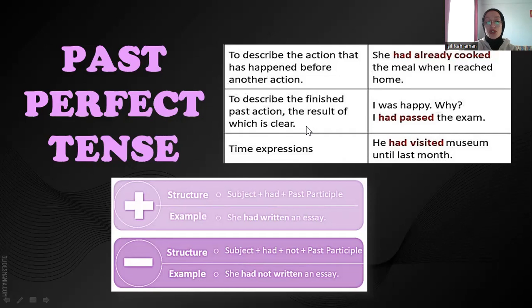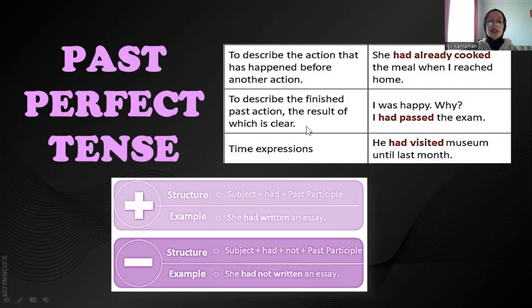Now let's look at the structure of it. First, let's look at the positive form. We use subject, of course, plus had. In the present perfect tense, we use have, but in the past form, we change it to had. Then, of course, we use the past participle, like: she had written an essay.